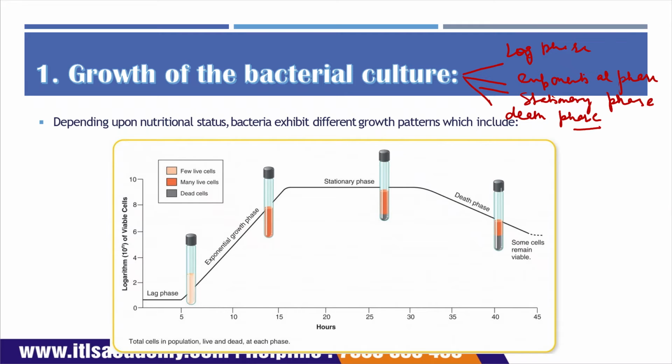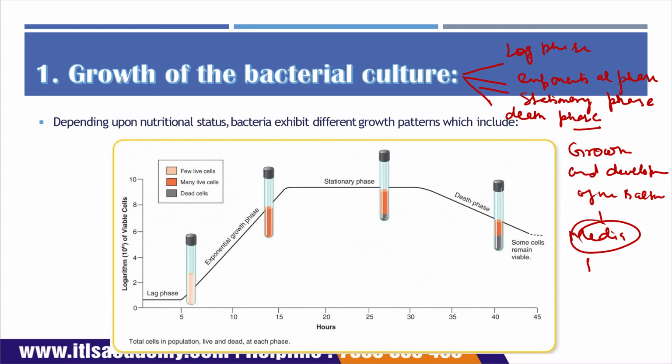Okay. Now, before discussing the growth of the bacterial culture or the growth curve, we have to discuss how bacteria grow. So, for the growth and development of the bacteria, what do we require? We require a media.